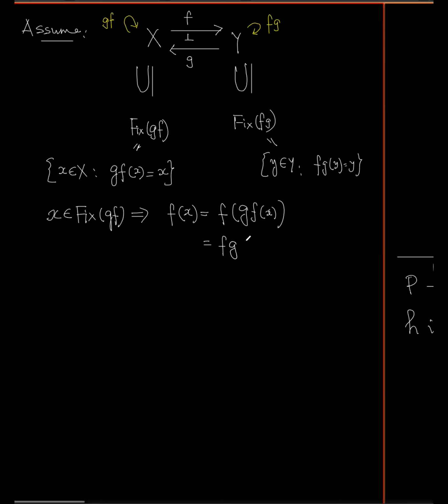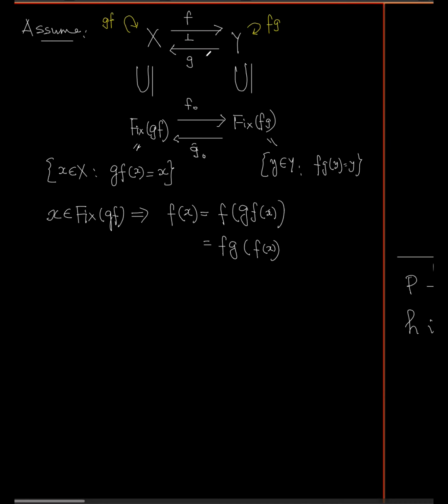So taking F over here lands me into this, and similarly, taking G over here lands me into this. So obviously these functions restrict to order preserving maps, which we write as F0 and G0, right?